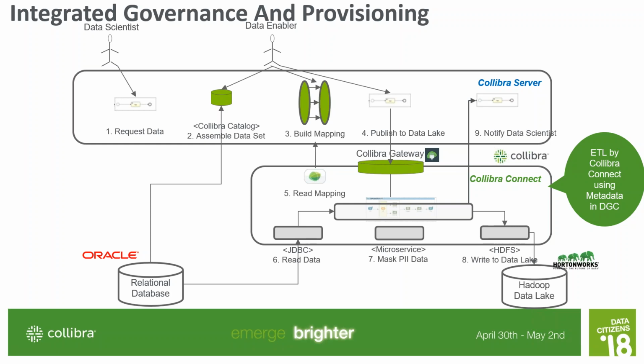The key components are the metadata, which is the JDBC connection or the connection to the host and the database, the query that is required to extract data out, and this target file and the target location and the microservices that need to be applied.